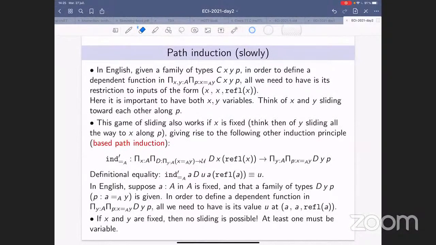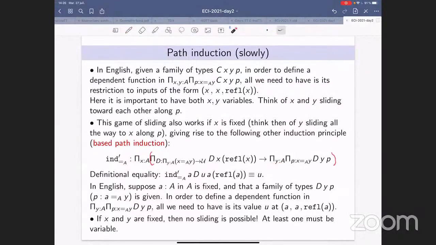Maybe here I should have put parentheses, that would have been clearer. So suppose we have fixed one end of your path. Let me call it X. So you have an X that is fixed, but Y remains variable. The other end of your path remains variable.